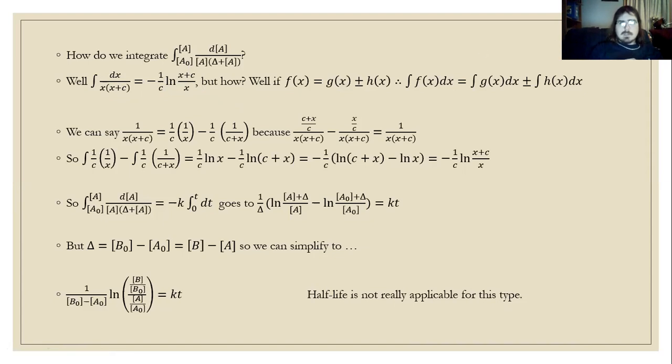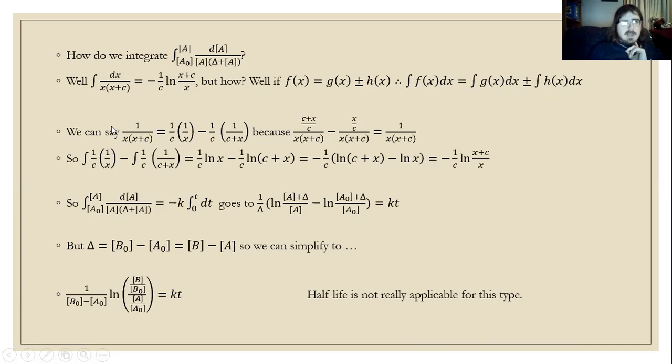Well, we get this through some magic integrals: if a function is g(x) plus or minus h(x), we can say the integral of that function is the integral of g(x) with respect to x and of h(x) with respect to x.